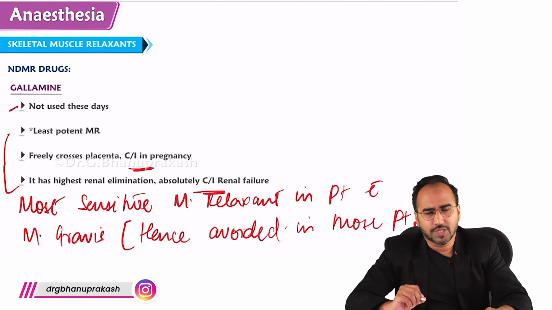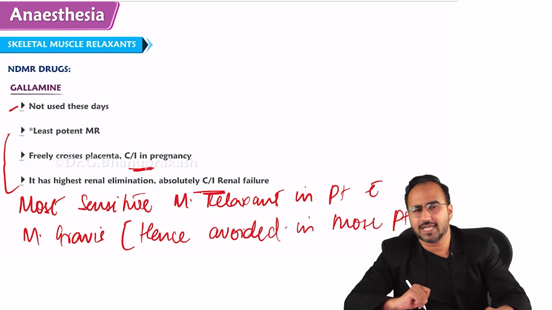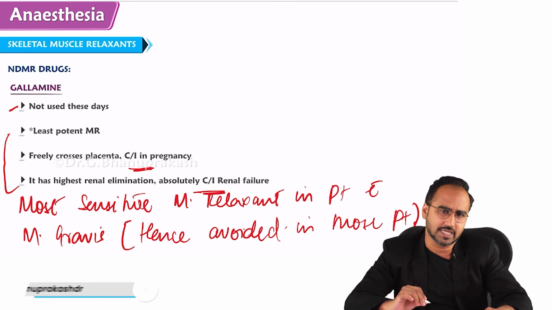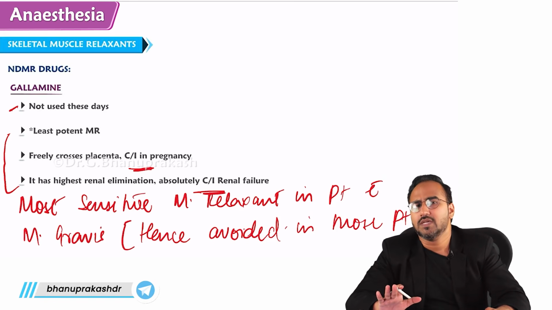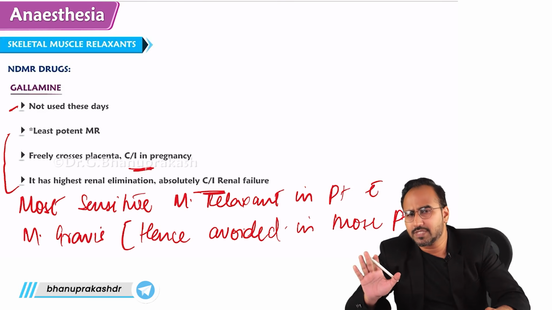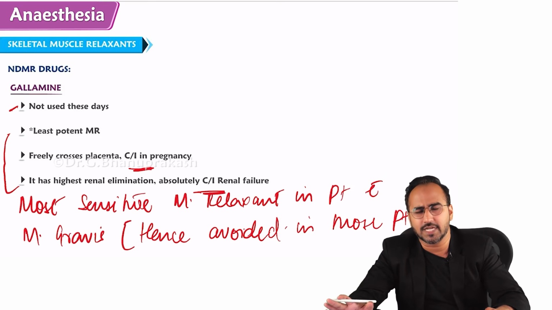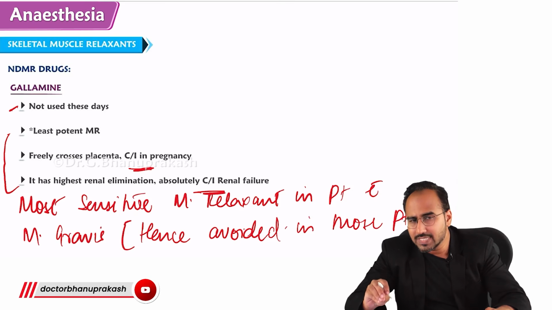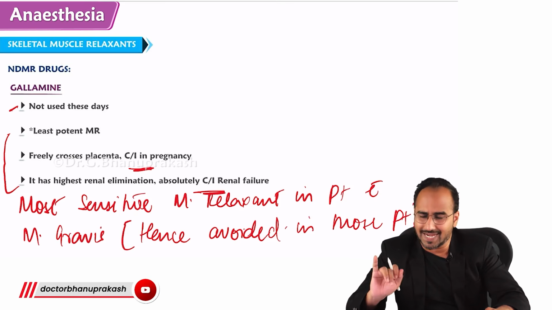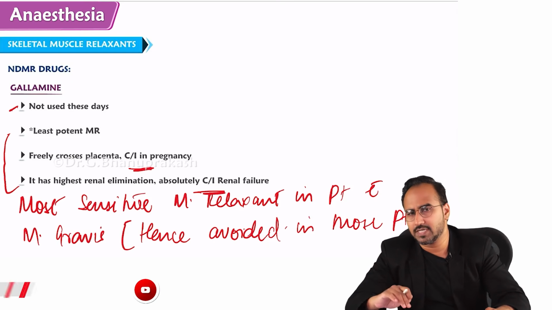Okay? So that is regarding the non-depolarizing muscle relaxants. Right? So once again, guys, non-depolarizing agents are divided into the benzylisoquinoliniums and the aminosteroids. In the benzylisoquinoliniums we need to remember curiums: Atracurium, Cisatracurium, Mivacurium, Doxacurium.